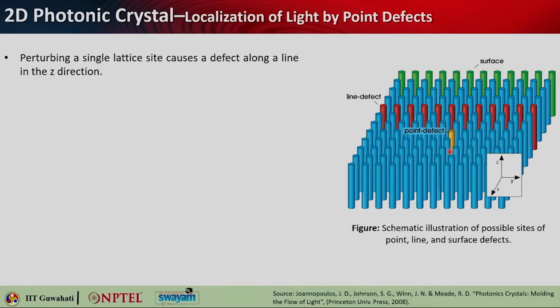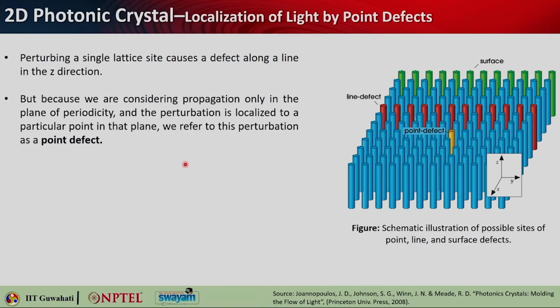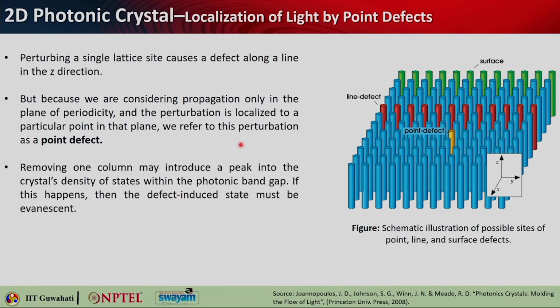Now, why are these things important? Because perturbing a single lattice site causes a defect along a line in the z direction. But because we are considering propagation only in the plane of periodicity, the perturbation is localized at a particular point in the plane, and that is why this perturbation is called a point defect.